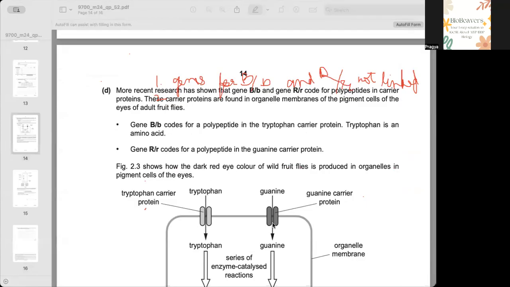the guanine protein. So in experiment C, when we saw the blue eyes coming in and the dark red eyes coming in, we can easily say that in the fruit flies with the dark red eyes, the entry of guanine and tryptophan allows pigments to be produced.